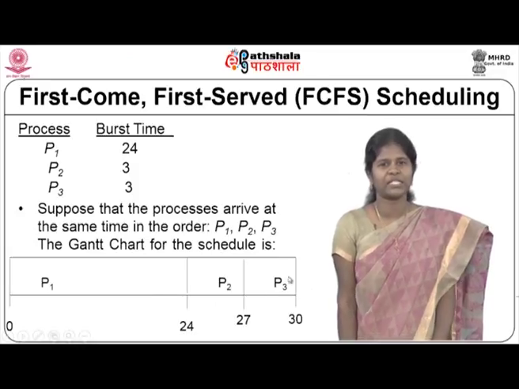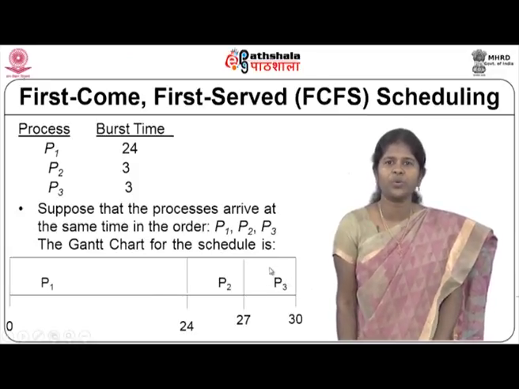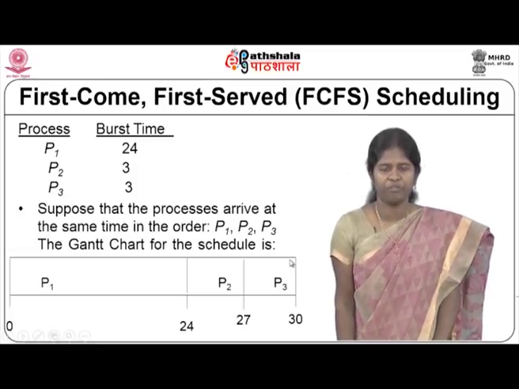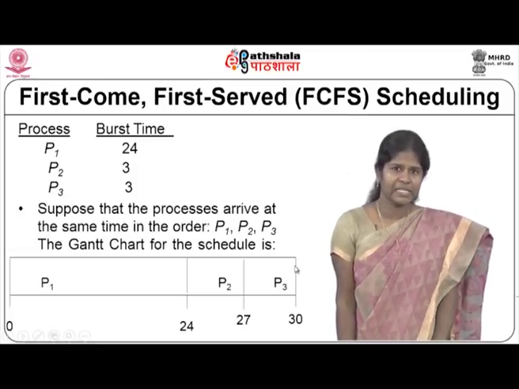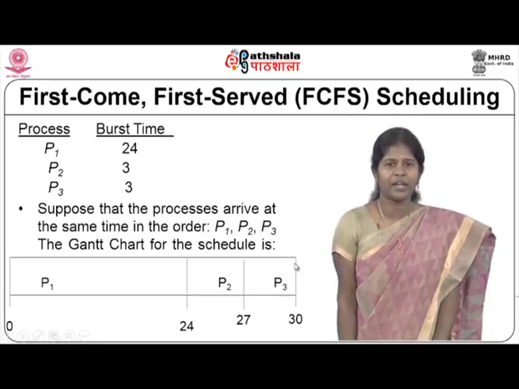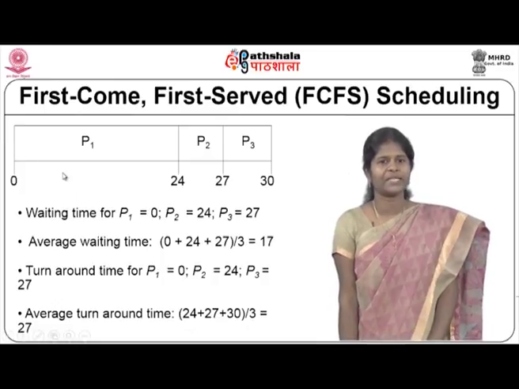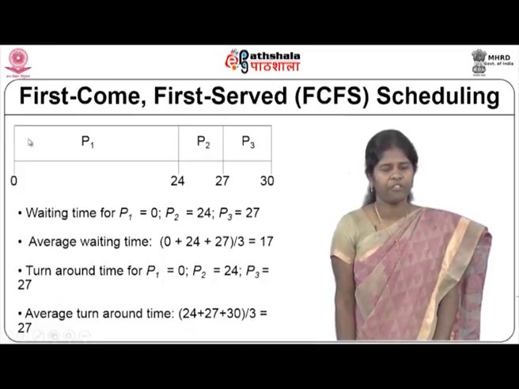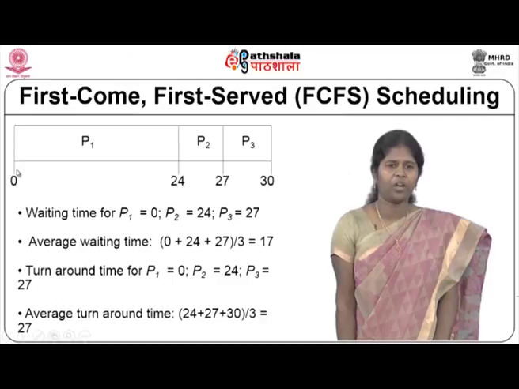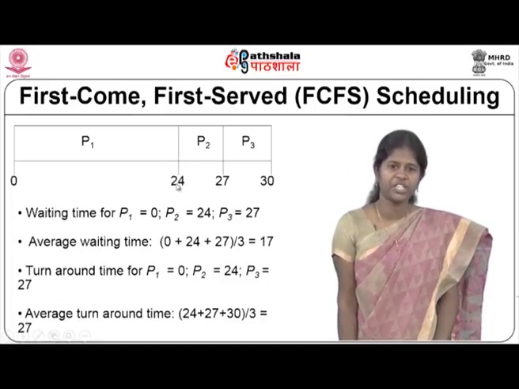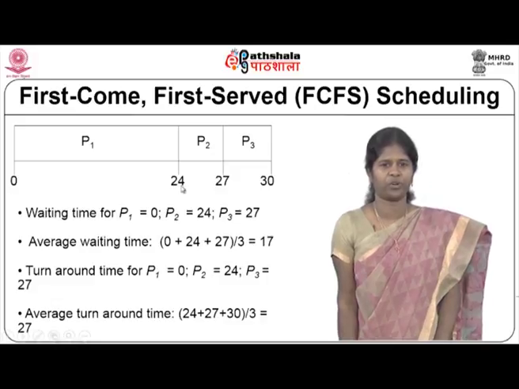Now, with this Gantt chart, we can calculate two parameters. One is the average waiting time for all the processes and the next is the average turnaround time for all the processes. How is this waiting time calculated? Process P1 arrived at time t equal to 0, made use of the CPU till 24 and finished its work at t equal to 24.